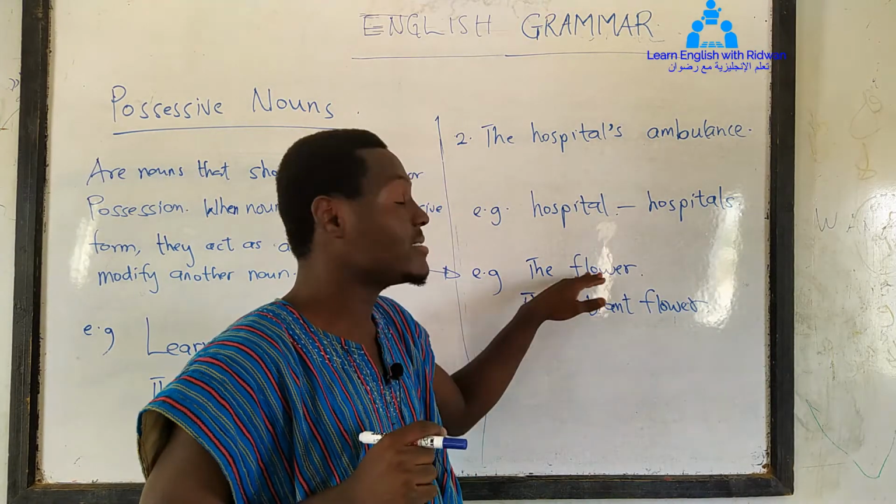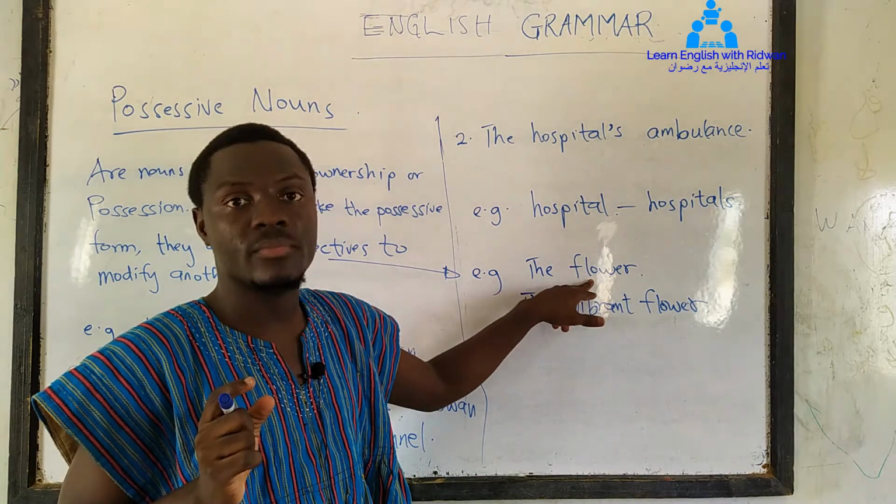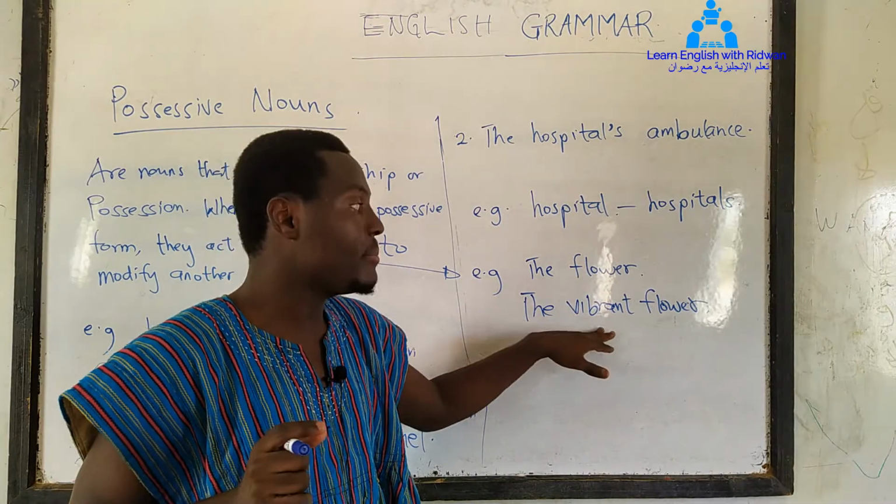That is, from the first statement or from the first sentence we have the flower. The second one is the vibrant flower.